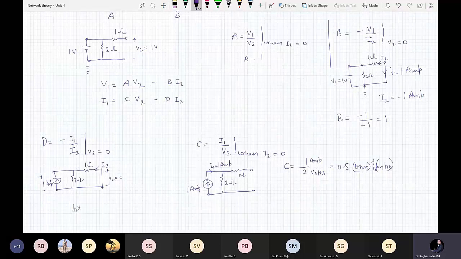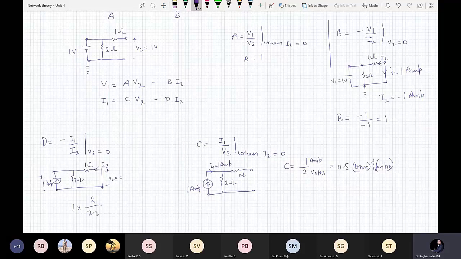Otherwise, you can calculate it as 1 ampere multiplied by 2 upon 2 plus 1. That is equal to 2 upon 3, 0.67 ampere will be passing here. So value of I2 will be what? I2 is equal to minus of 0.67 ampere. Why? Because I2 is in this direction, the current is coming in this direction.